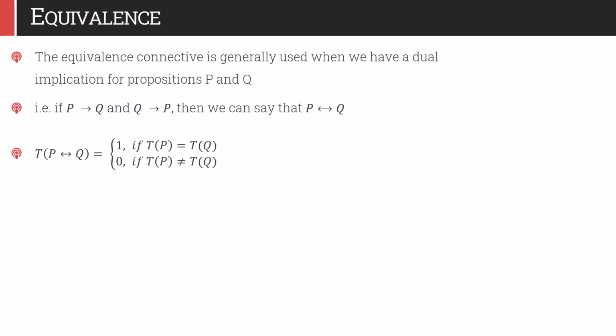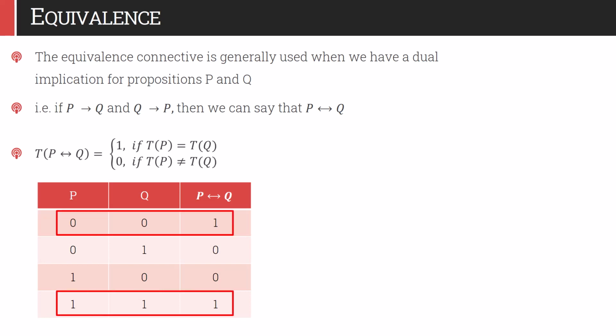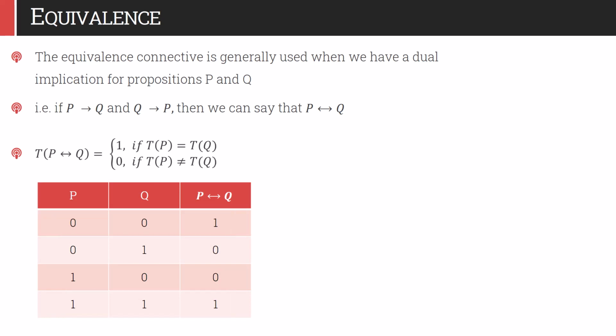So even if both propositions P and Q are false, the truth value of P equivalence Q would be true. And if both are 1, then also the truth value of P equivalence Q would be 1. As shown here, the first row and last row have value 1 because the truth values of P and Q are the same in them.